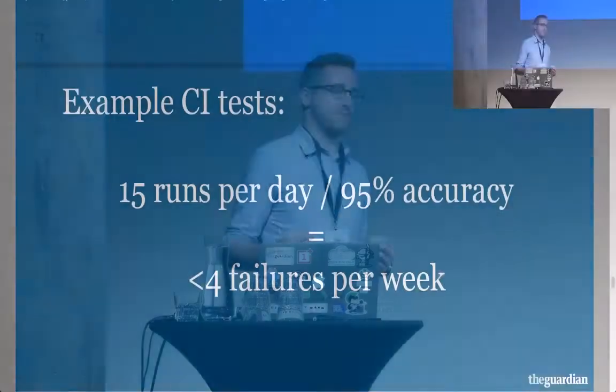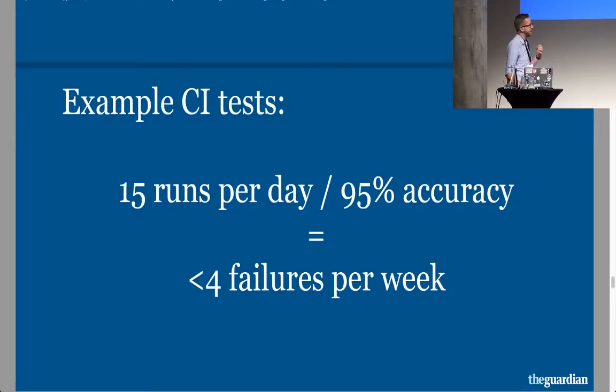And this is where it got quite complicated and quite tricky. The first was that we were running so many of these simulation runs. If you think about tests that you build for a continuous integration pipeline, and this is based on some numbers that we had, our automated tests would get run about 15 times a day. And they're about 95% accurate. And by accurate, I mean when the tests go green, it means the product is green. It's all good.